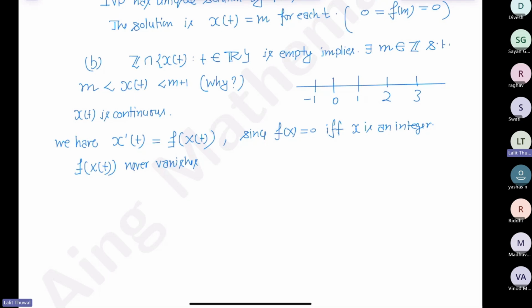Because x(t) is never going to be an integer. And being a continuous function, this must keep the same sign. So f of this, which is equal to x'(t), keeps the same sign.